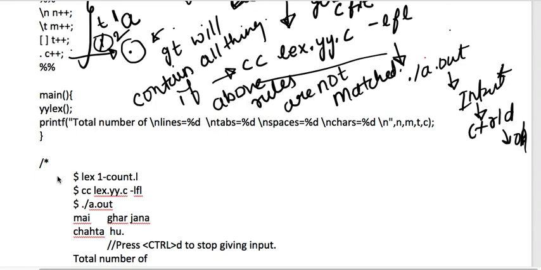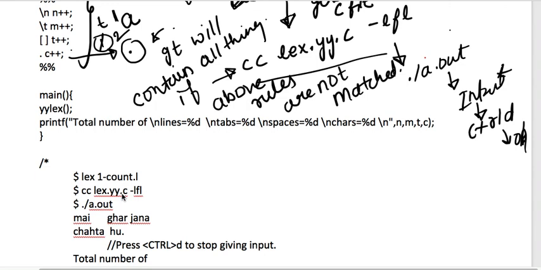Once you have run this command, the lex.yy.c file will be generated in the system, and when you look at it, it will be around 400 to 500 lines of C code.